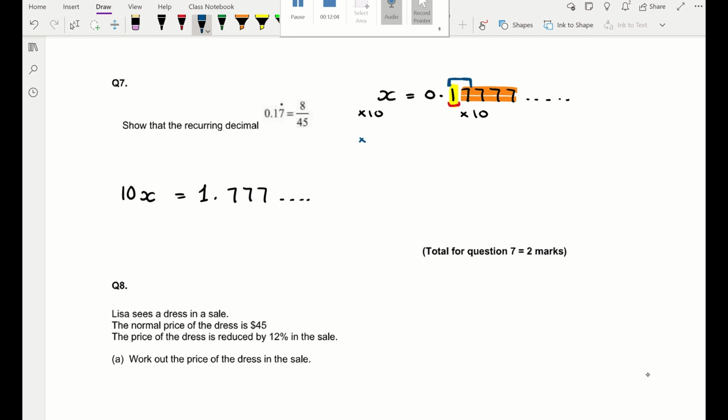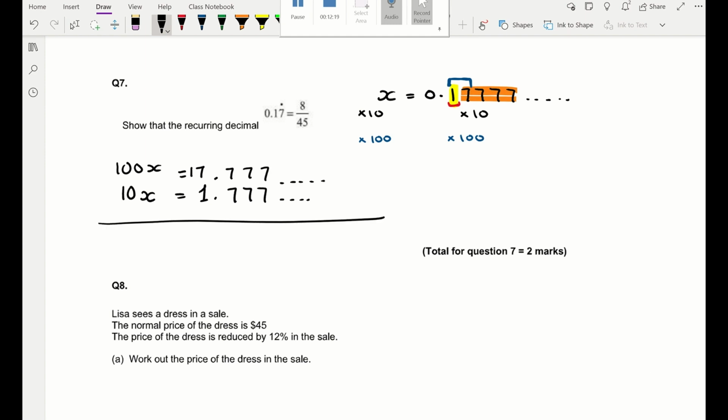So I need to multiply the original number by 100. So I get 100x equals 17.777, and you can see that the pattern is lining up. And I subtract. 100 minus 10 is 90x, and 17 minus 1 is 16.